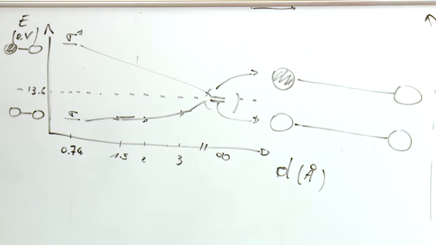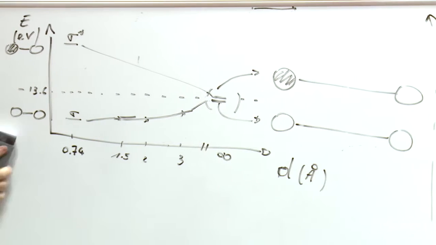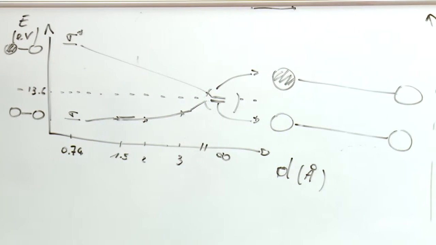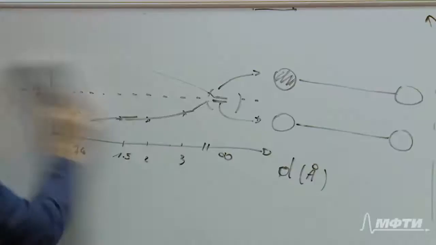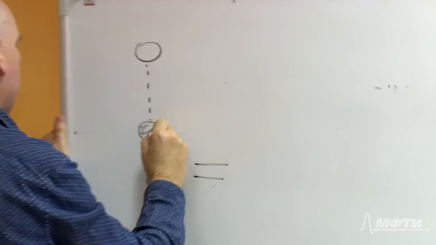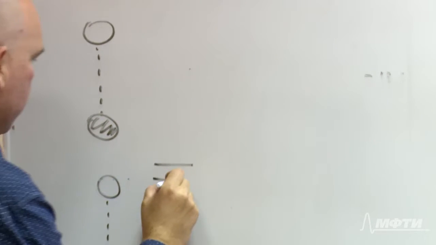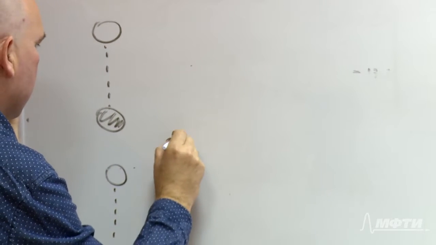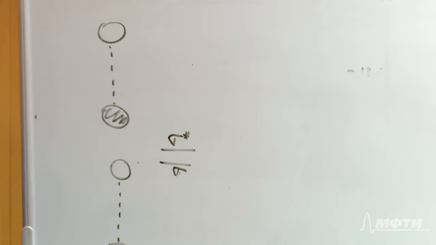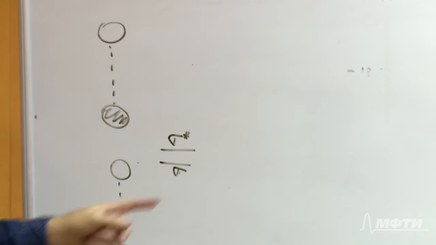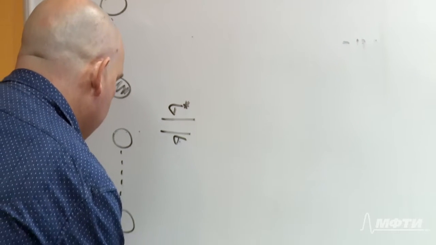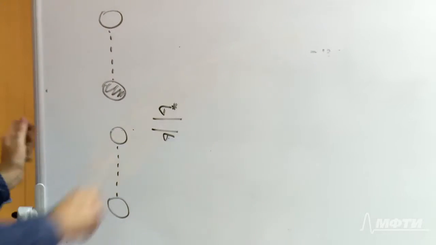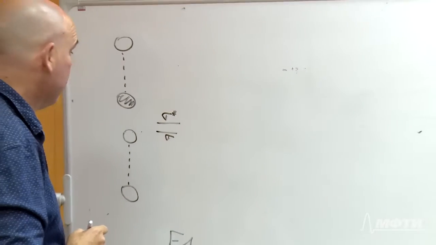So now we can draw the molecular orbital diagram for square planar H4, like this. So it's sigma, and I put sigma star. Sigma and sigma star. This one is F1, looking at this slide.